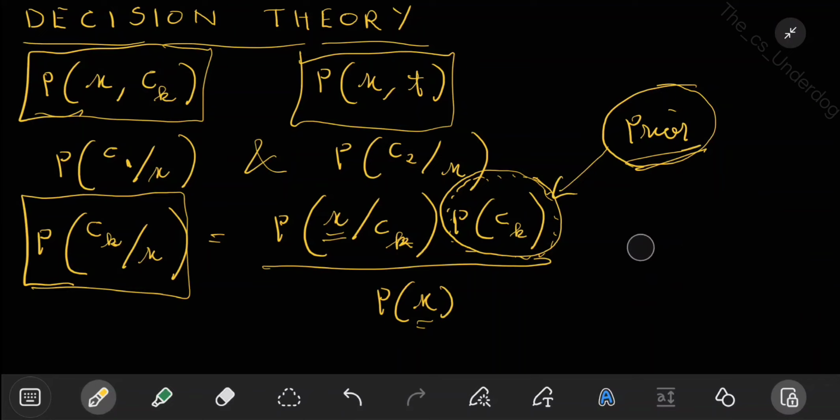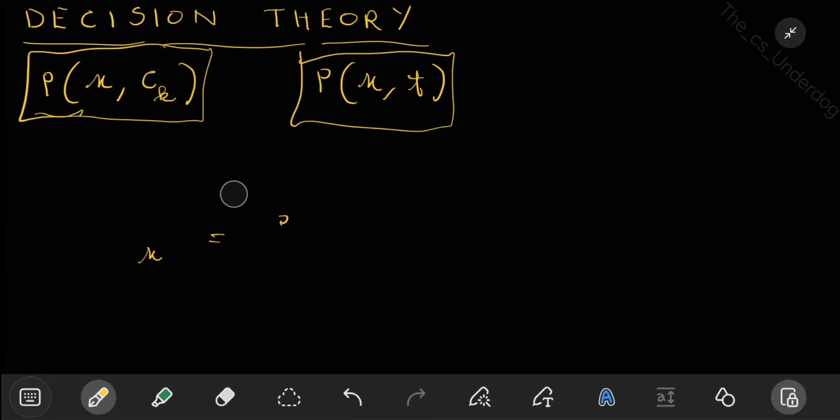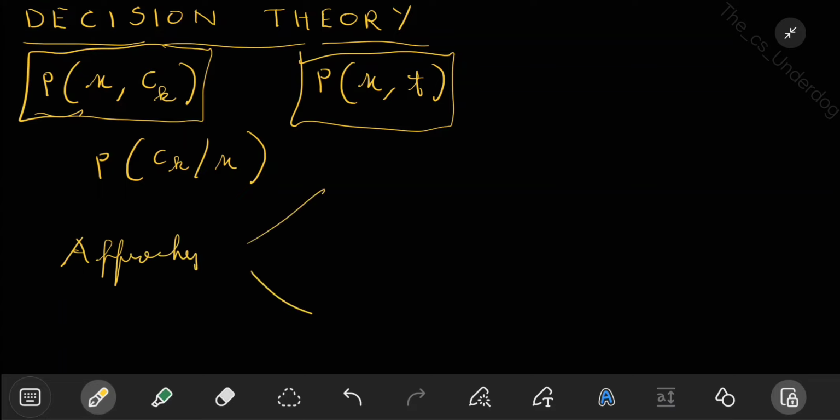How will you make this decision? There are two approaches. This is what the whole gist of this decision theory is. Once you find the probability, once you know the posterior P of CK given X, there are two different approaches. First approach says minimizing misclassification rate. That is, you have C1 and C2 as two different classes.